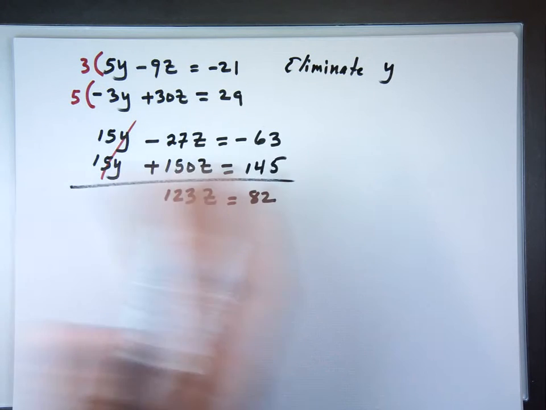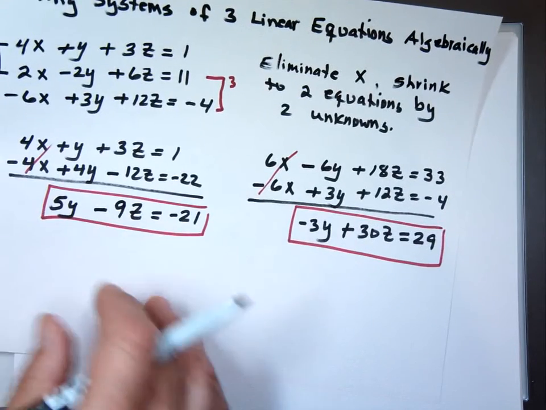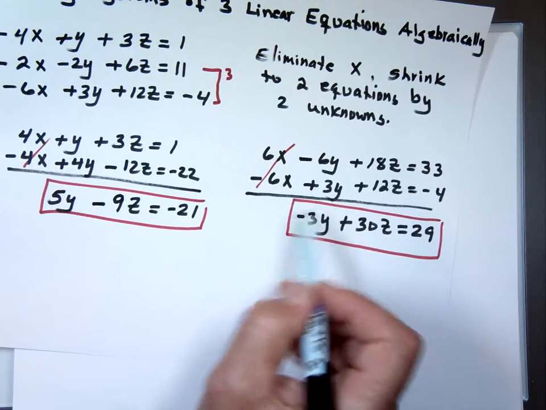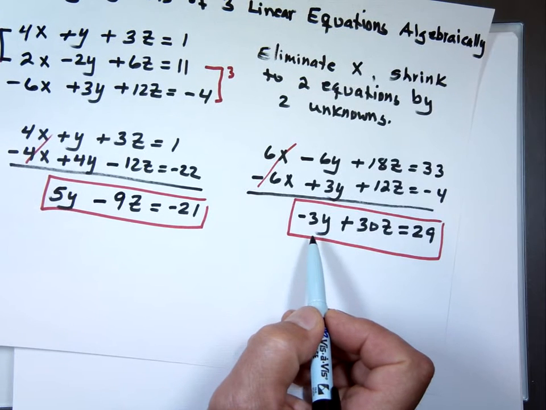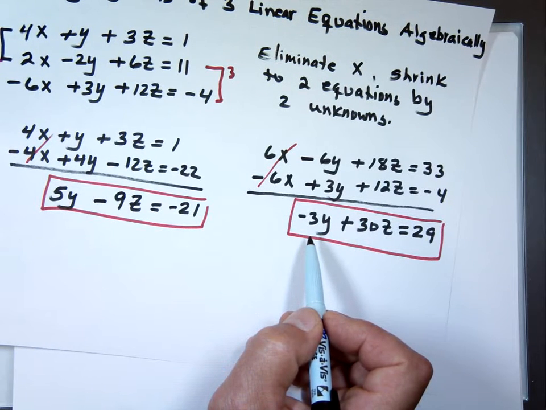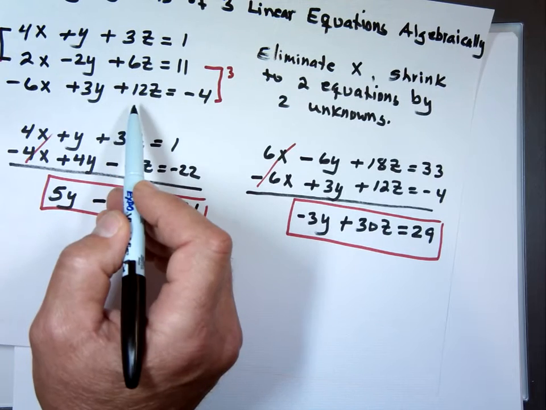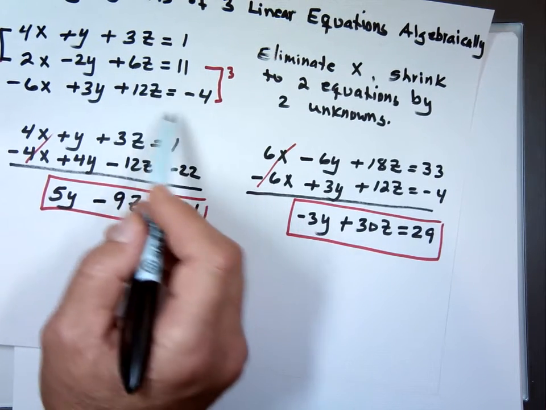So if I did the other part correct, if I multiplied correctly here, didn't screw things up, 21. I'm just making sure here. That's negative 3y. Negative 6, that's negative 3y. That's 18. 33.